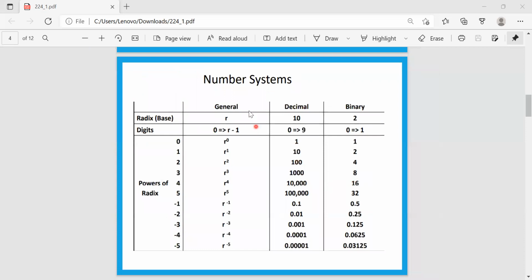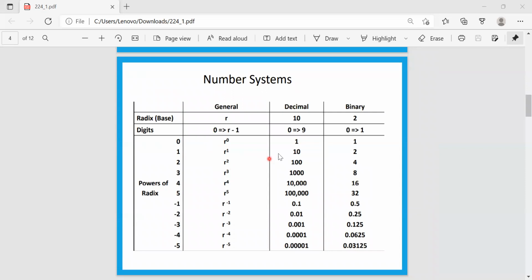There are several number systems. In general, if we take R as a base, these are the different powers of the base.